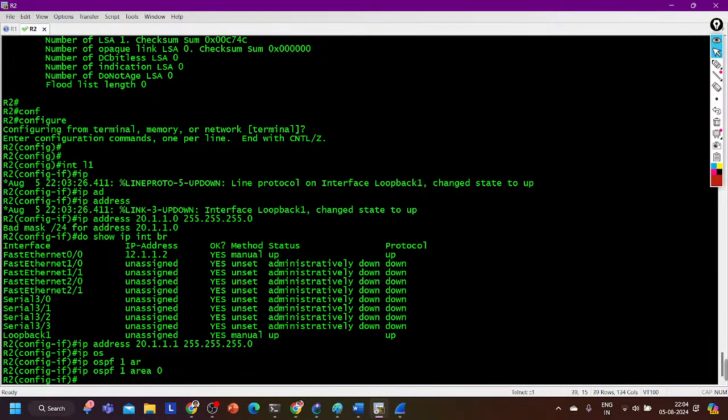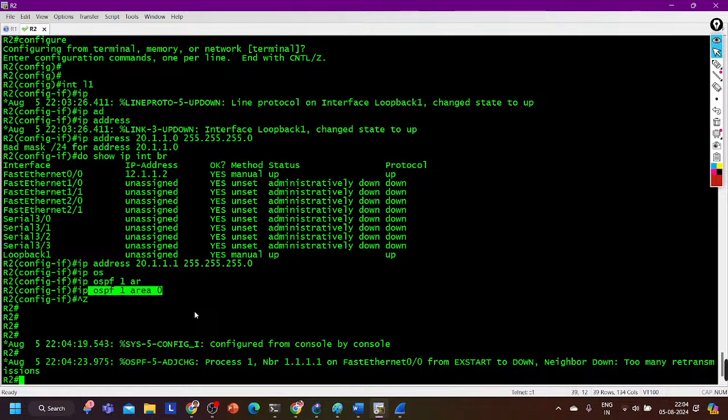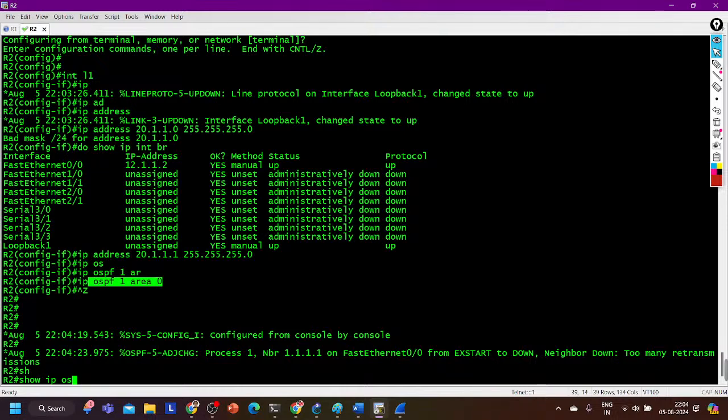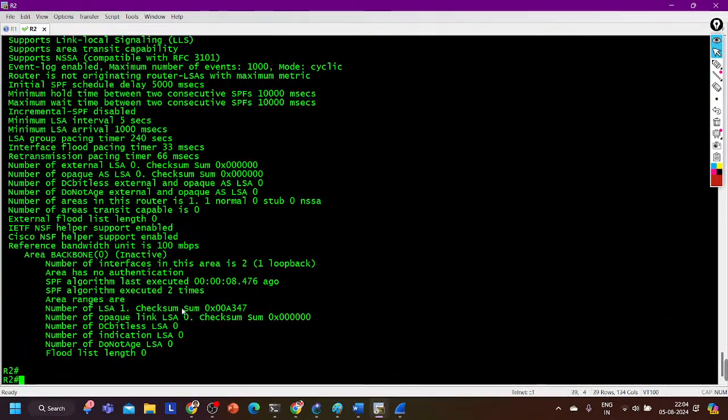So say enter. So once you will advertise a network in OSPF, it will install that network in their database, and then again it will run what? SPF algorithm. So show IP OSPF. Now you can see how many times this router have executed SPF algorithm? 2 times. So whenever change will occur, router is going to run SPF algorithm, right?